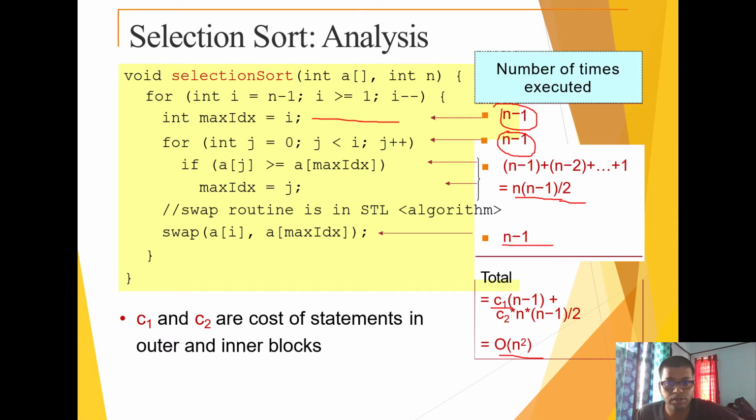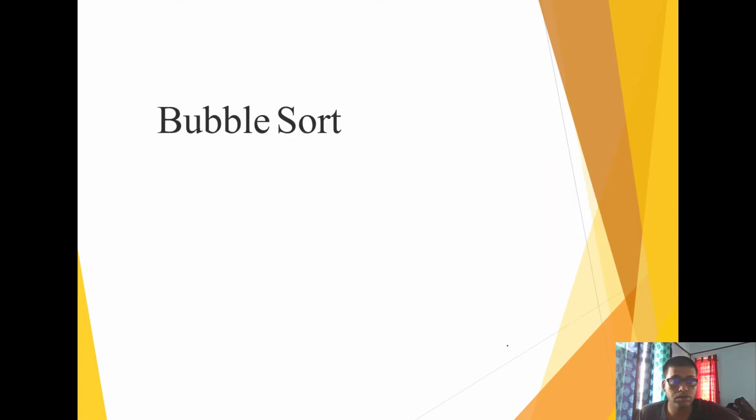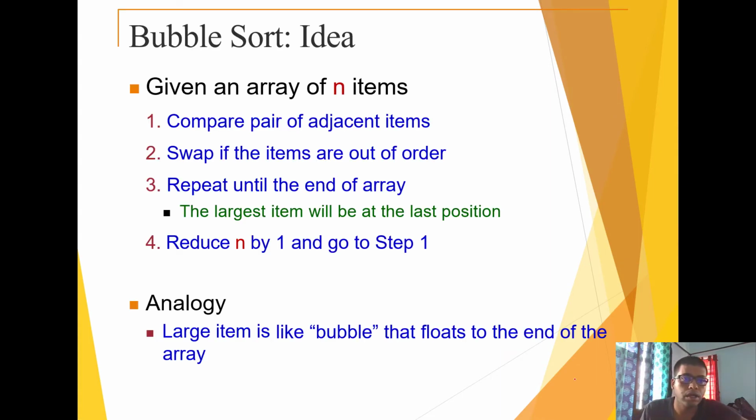Clear? So up to this it is clear to you, hopefully. So next we will move on to another sorting algorithm which is known as bubble sort. Okay, in case of bubble sort, we have to follow these steps.